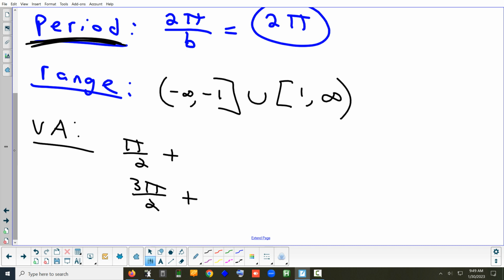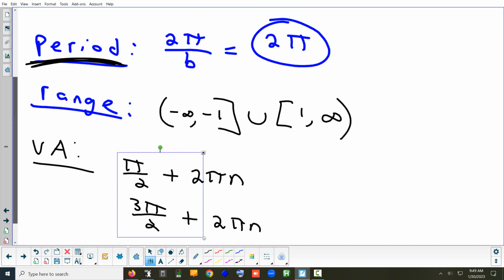The period is 2 pi. So if you add any multiple of 360 degrees or 2 pi to this asymptote, you'll get the next one of this asymptote. And the same thing here. You can shift that asymptote left and right forever, every 360 degrees or every 2 pi, and you'll get another one, either a cycle later or earlier.